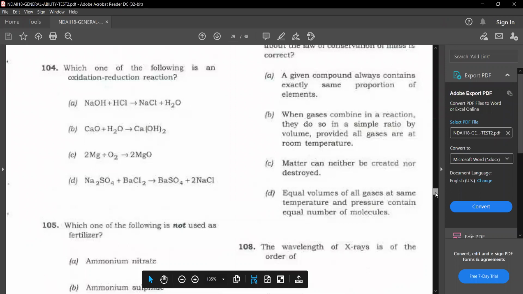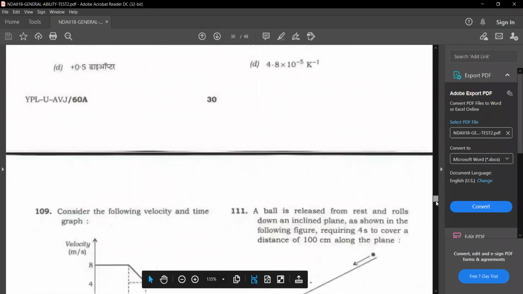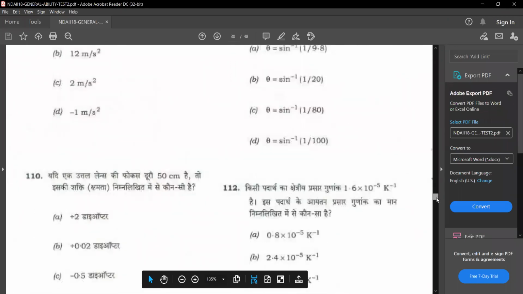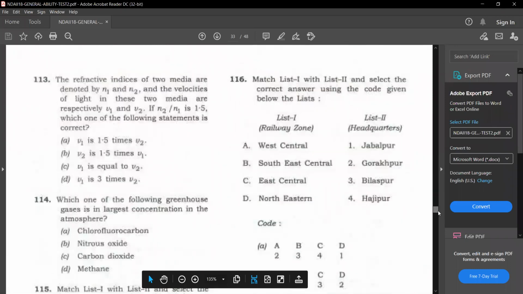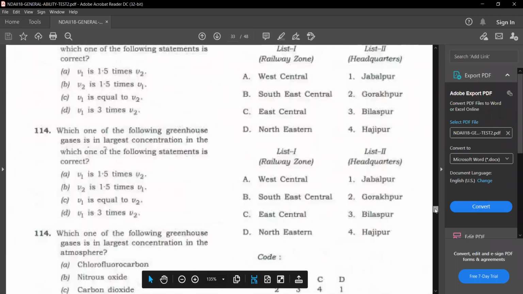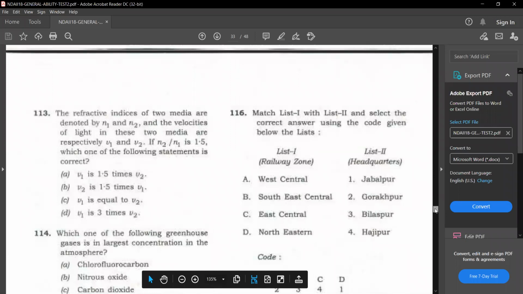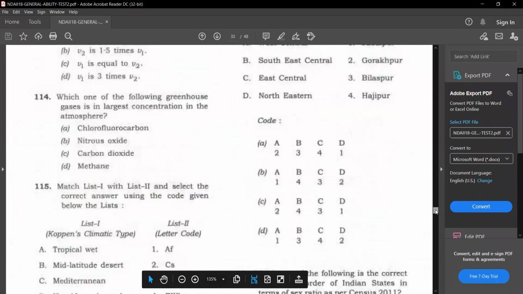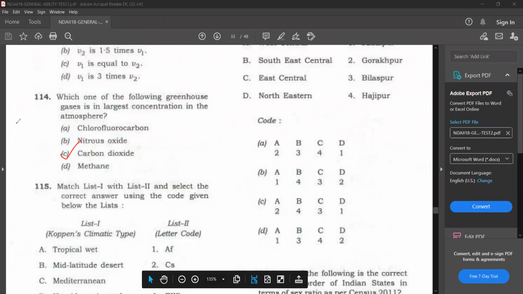Next question. Which one of the following greenhouse gases is in largest concentration in atmosphere? The largest concentration is for carbon dioxide. In the atmosphere, the concentration is nitrogen, oxygen, then carbon dioxide.